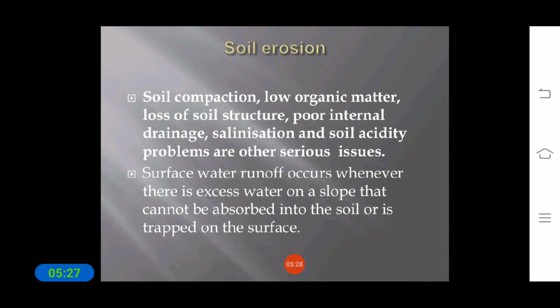So due to this soil erosion, it couldn't absorb the water, and by that the water gets trapped on the surface. By this, it may cause soil erosion. So this is nothing but what we call soil erosion.